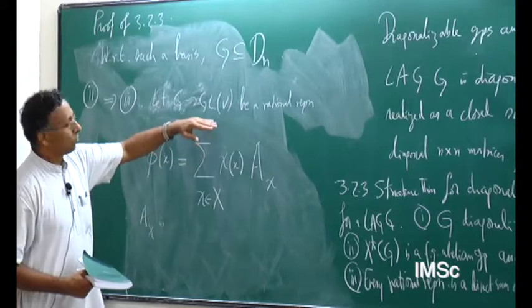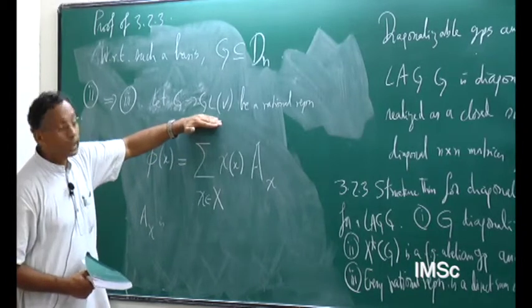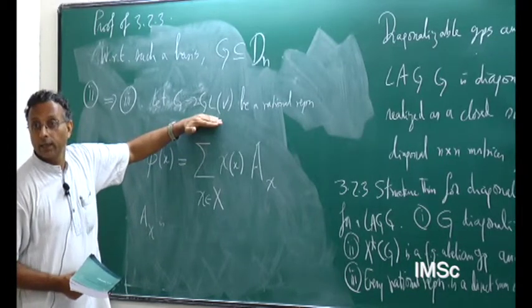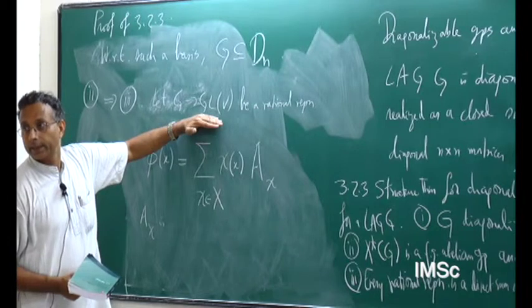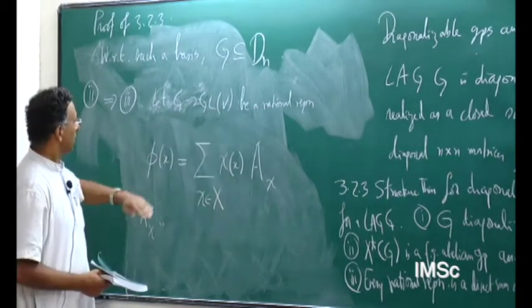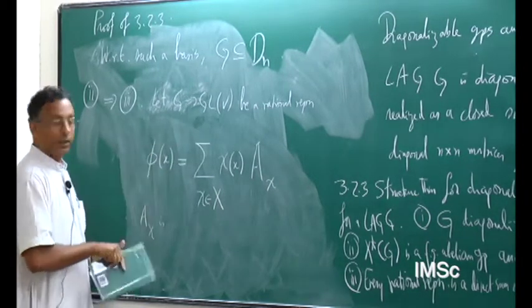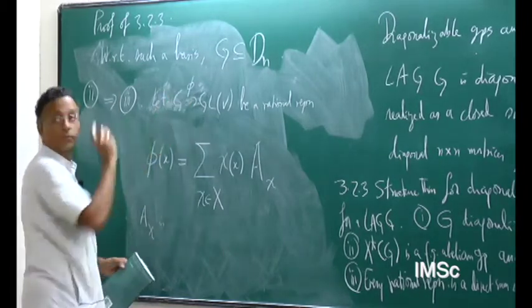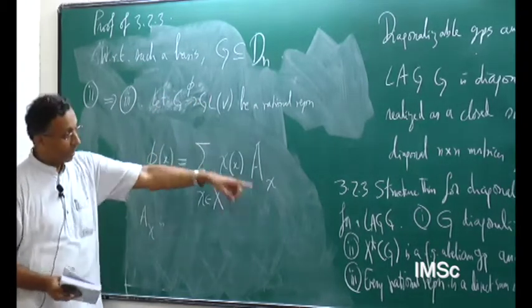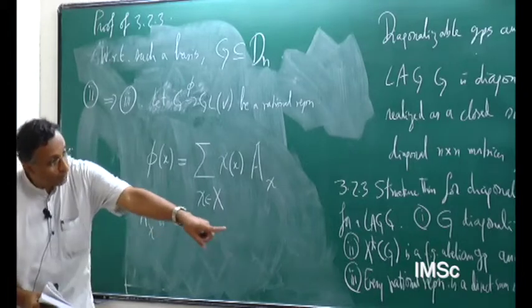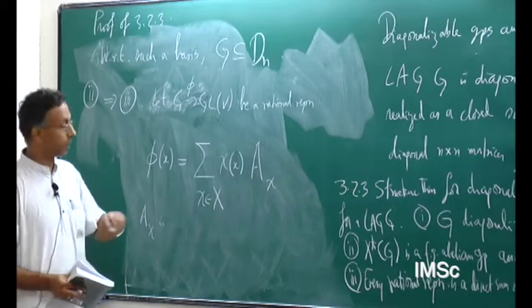GLV, just think of it as an n cross n matrix. Then this is our phi. This is our given rational representation. I am trying to prove that it's a sum of one-dimensional representations.